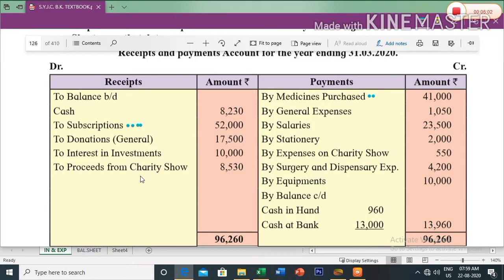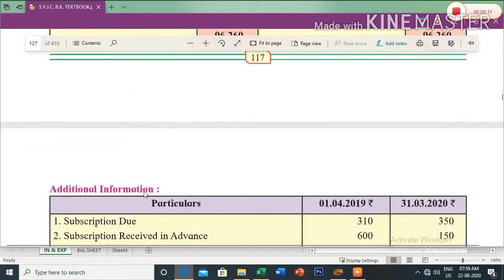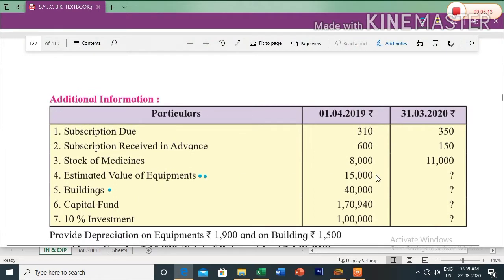So we have recorded all the receipts. Now take payment side. Medicine purchased 41,000. Here stock of medicine is also given 8,000. So first we will record the stock of medicine, then we will add purchase.